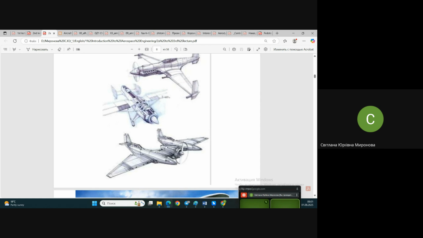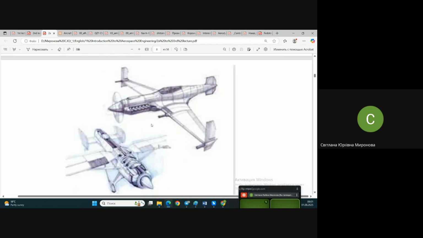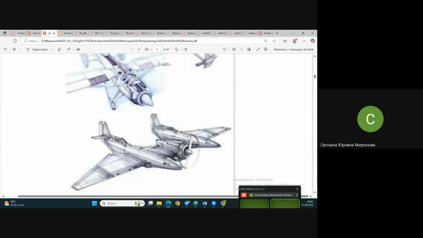Quite clear that this one has a low range of speed with respect to the bottom airplane. And pay attention to those structures, their general appearance. Yes, they are monoplanes, but all of them are monoplanes. That one is a low wing, you see, it's under the fuselage. This half of the wing, center wing, and another half of the wing.